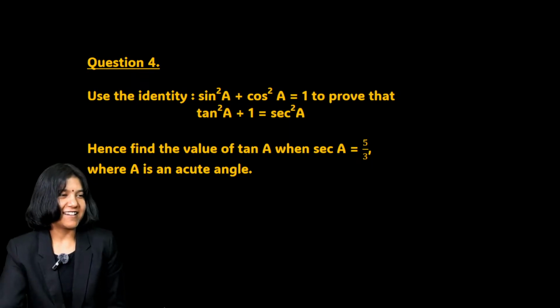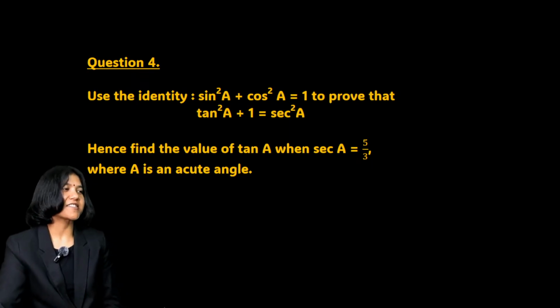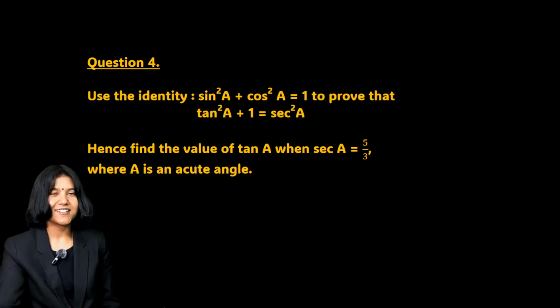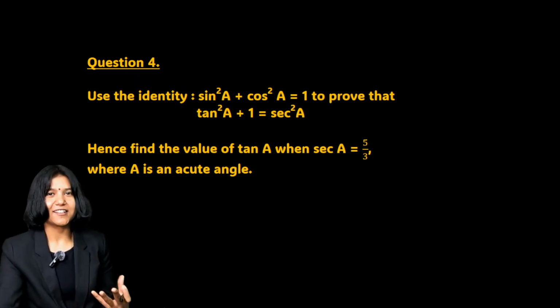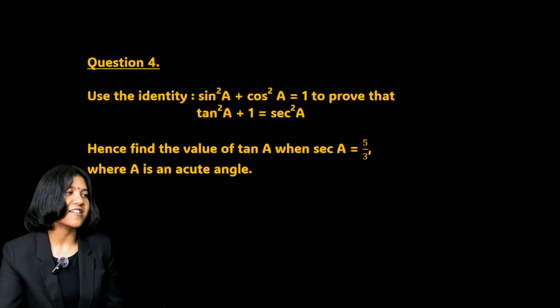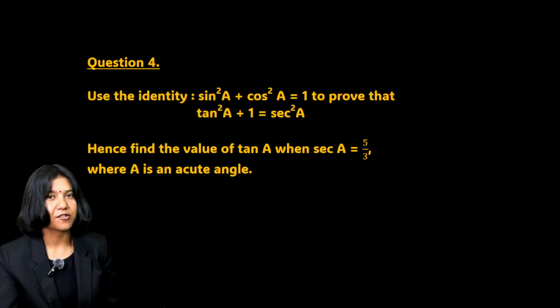Wow, this is interesting now. Use the identity sin square a plus cos square a equals 1 to prove that tan square a plus 1 equals sec square a.